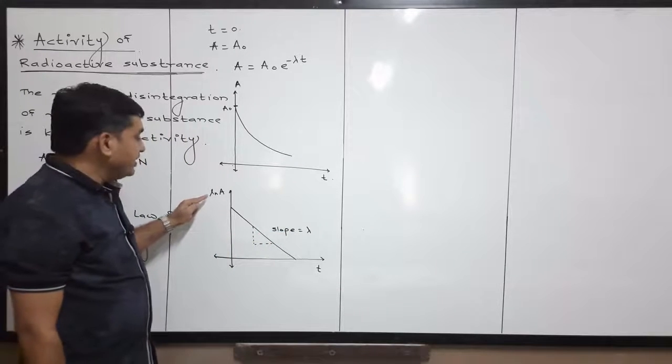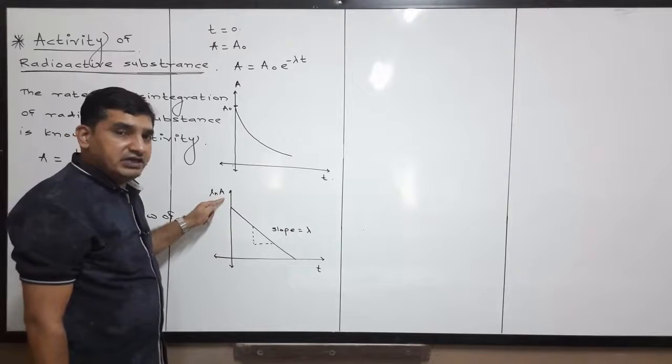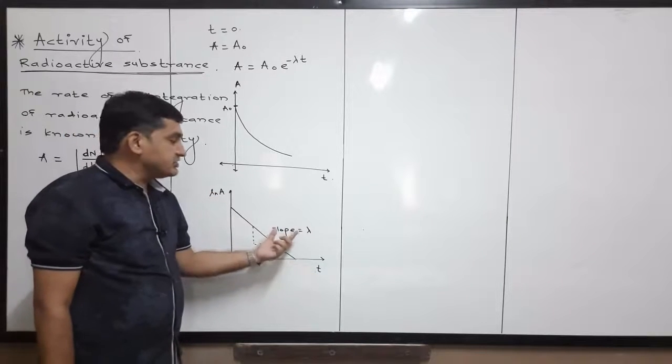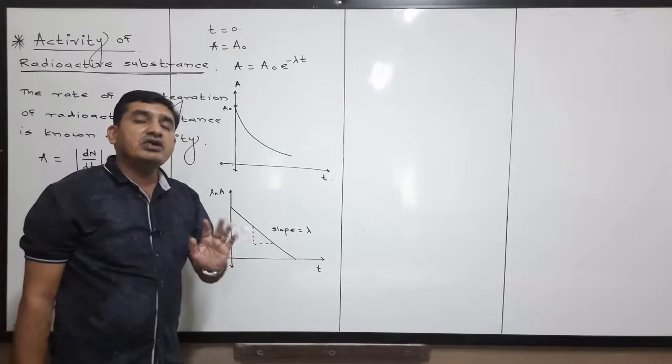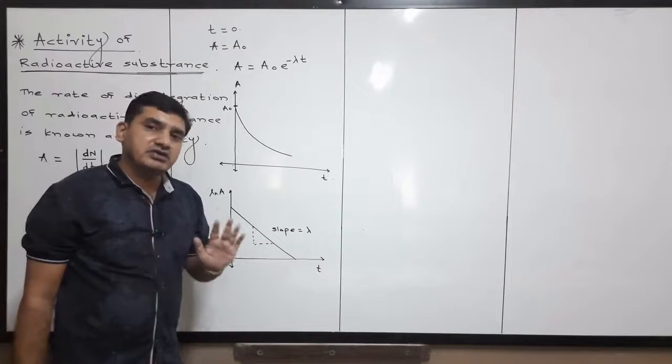For the graph of ln of activity versus time, the slope is the decay constant or disintegration constant.